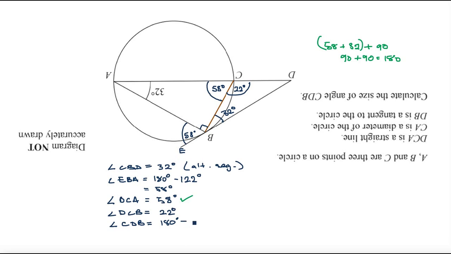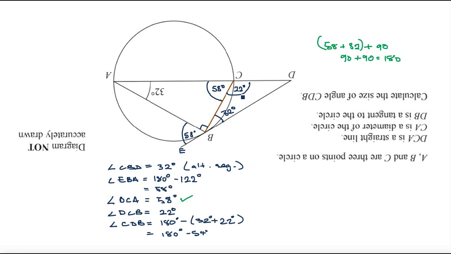So minus 32 plus 22, giving us 180 minus 54, and 180 minus 54, is that right? 180 minus, now what have I done here?